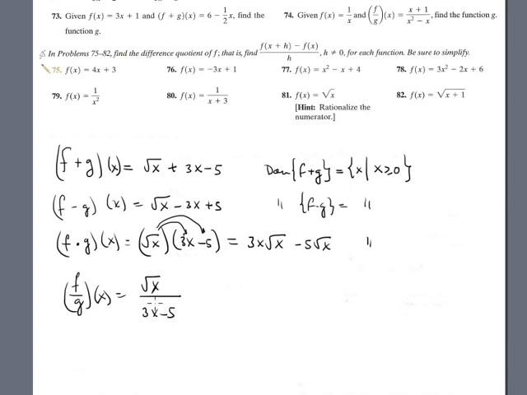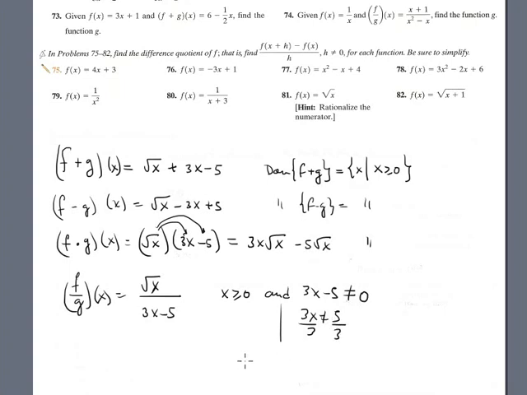And the domain is different because we have two restrictions. To set out the restrictions, the radical must be non-negative and 3x minus 5 must be different to 0. So 3x must be different to 5, x different to 5 divided by 3.